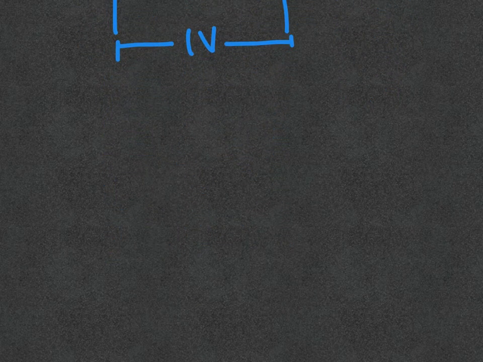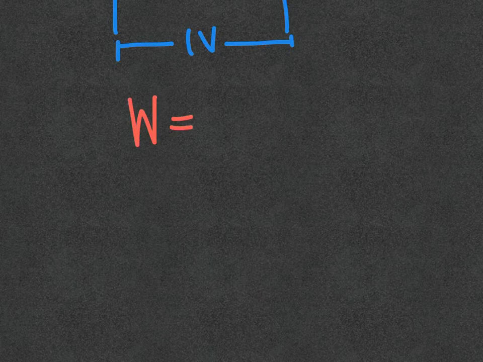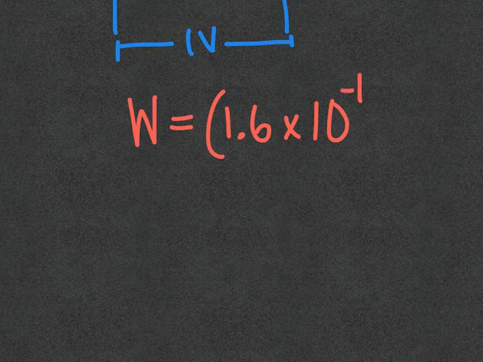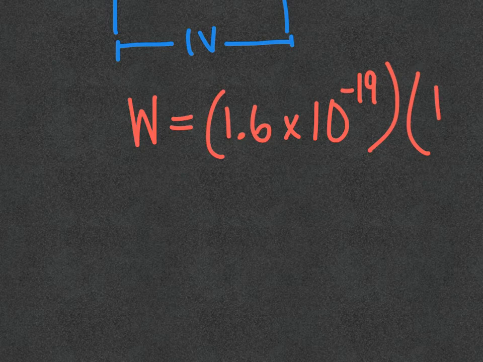So we're looking for the amount of work or energy needed to move an electron, which has an absolute value charge, the elementary charge, 1.6 times 10 to the negative 19th coulombs, across a 1 volt potential difference.